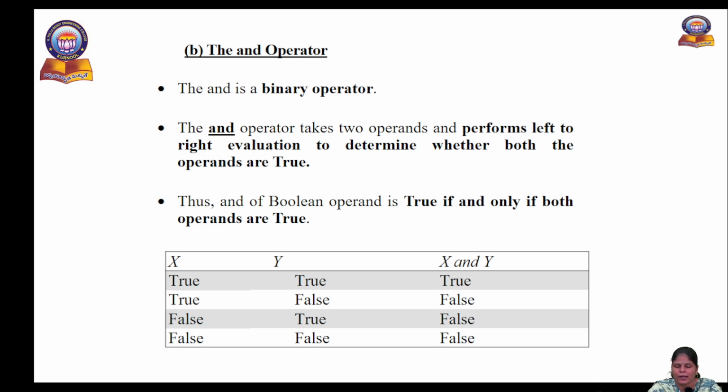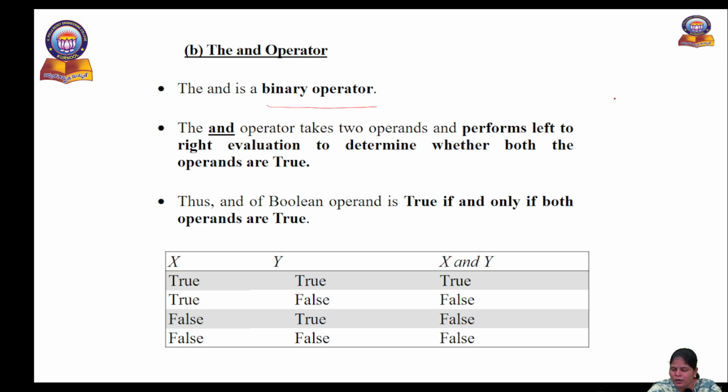So coming to the AND operator, as I mentioned, it is a binary operator because it is performed on two operands. The AND operator takes two operands and performs left to right evaluation to determine whether both the operands are true. Why are we mentioning left to right?